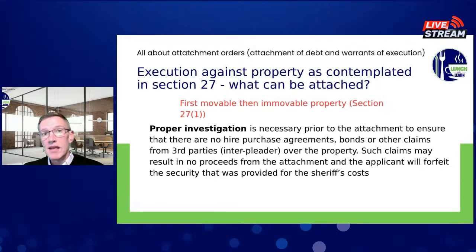The title holder would need to come to court to say, you cannot attach and you cannot sell by public auction the stuff that actually belongs to the third party, i.e. the credit provider or the retailer in this case.